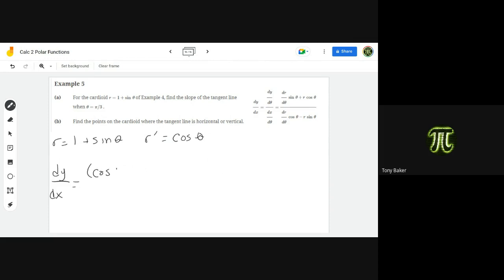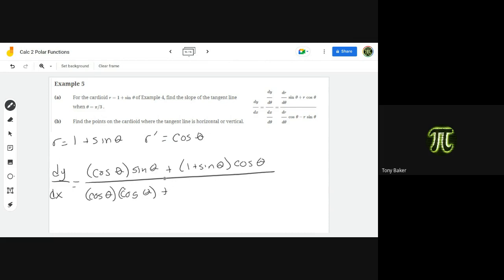Cosine θ sine θ, plus 1 plus sine θ cosine θ, over cosine θ cosine θ, minus 1 plus sine θ sine θ.